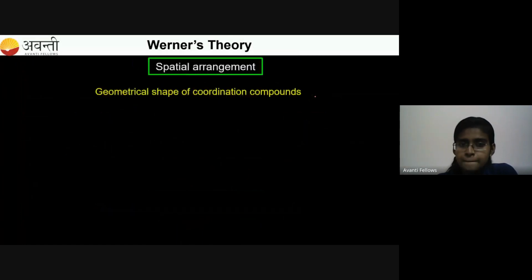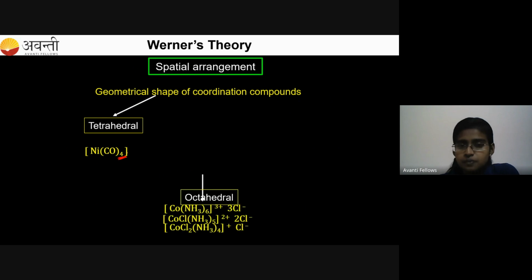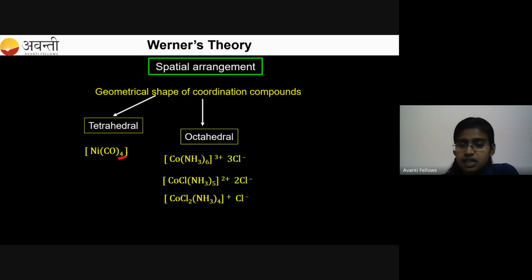Okay. Now, as I have told you, the spatial arrangements can be of many types. If the geometrical shape of the coordination compound is tetrahedral, then you will have 4 ligands attached to it, as you can see here in this example. And if the structure is octahedral, the coordination number will be 6.